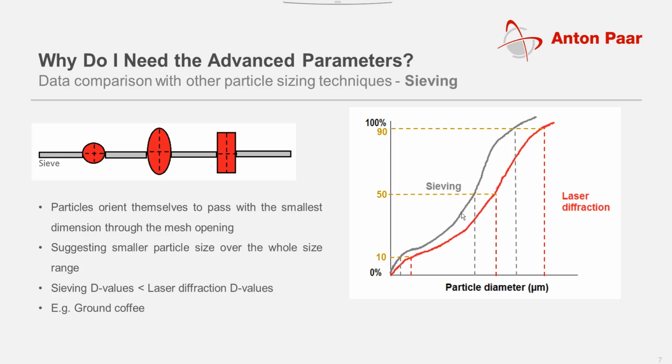The gray curve represents the sieving result, and the red curve the laser diffraction result. At each point of the cumulative, the particle diameter measured by sieving is always smaller, as you can see in the D10, D50, and D90 values.